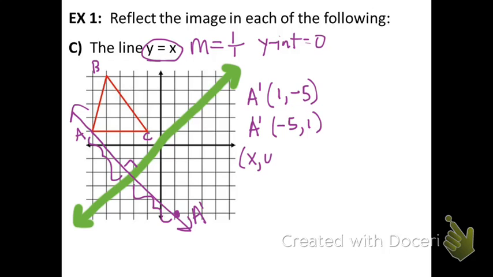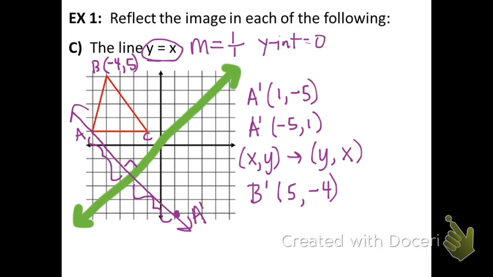So in general, if you reflect into the line y equals x, all you have to do is flip the coordinates. So then to get B prime, we said, well, B is located back 4, up 5, so B prime must be located at over 5, down 4.